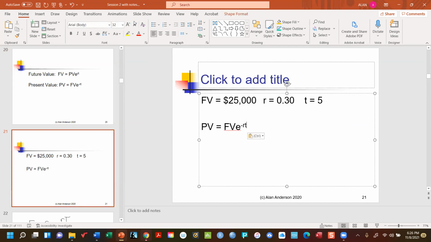And so here's what we're going to do. Yeah, this is very annoying. PowerPoint makes it incredibly awkward to deal with superscripts and subscripts. Word is such a breeze, and Excel too. This is just a nightmare.